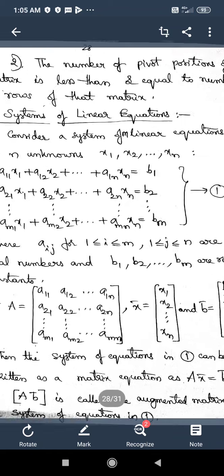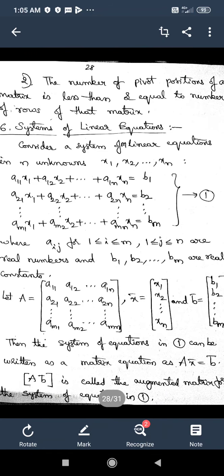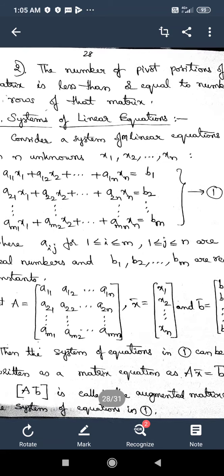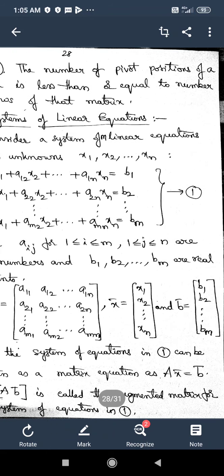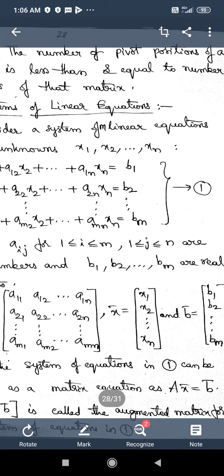Taking all these coefficients in a matrix, we can form a matrix A with only the coefficients, and that is called the coefficient matrix A. Taking all the variables in a column, that is called the variable matrix, denoted by x bar here, and all the constants taken in a column form the column matrix represented by b bar.